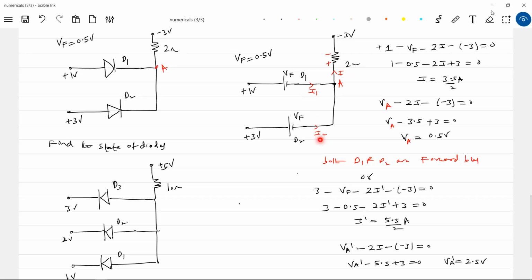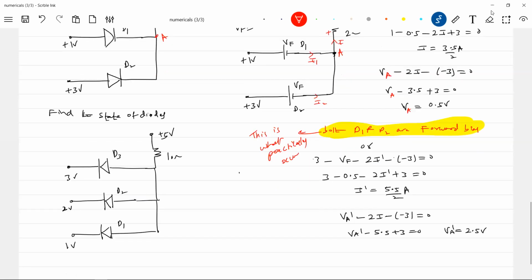So I'll conclude this one. This is what practically happens. Okay, so according to this, what is the conclusion?